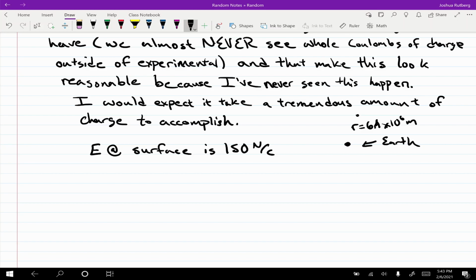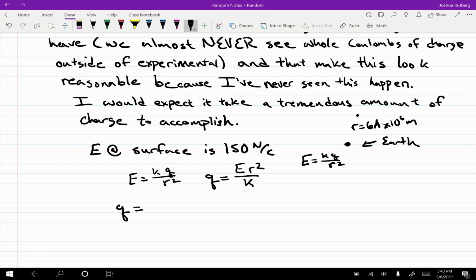So if we're treating this as a point charge, we can say E is equal to K Q over R squared. We're solving for Q. So Q is E R squared over K. We can plug in our numbers.